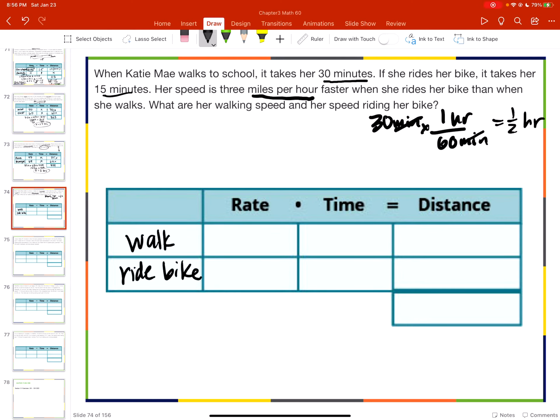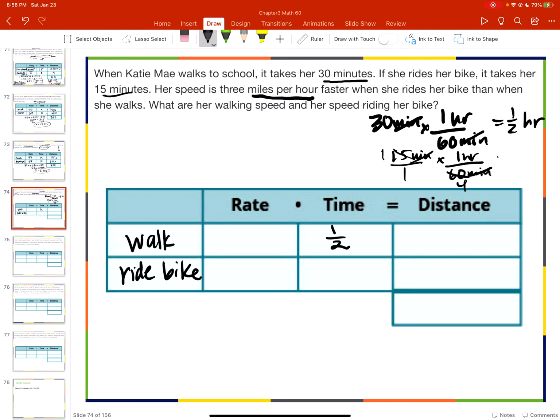We already knew that, but just to see it. So she walks, it takes her a half hour. If she rides her bike, it takes her 15 minutes, which is half of a half. So that's going to be 1/4. But just for fun, go ahead and look at how it's calculated. 15 divided by 60: 60 divided by 15 is 4.